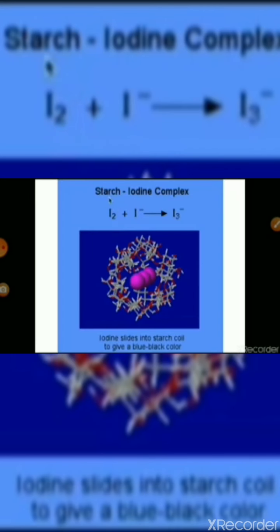So free iodine reacts with iodide of potassium iodide solution and it forms I3 ion, and these pink colored balls, a complex of I3, is this. And this I3 complex then reacts with starch to form a bigger dark blue complex, which appears here as dark blue color.